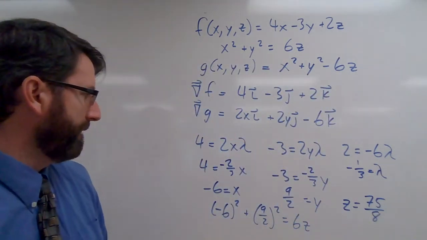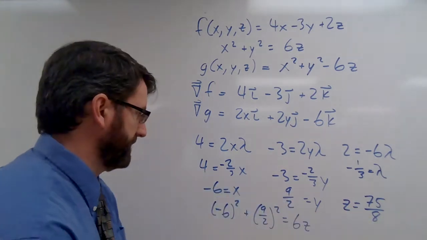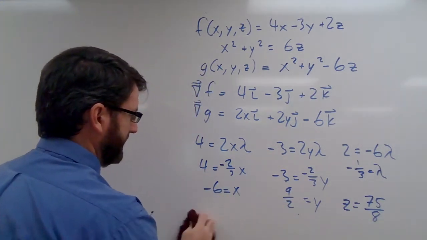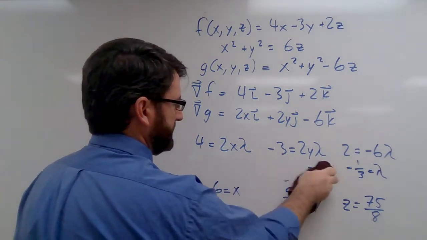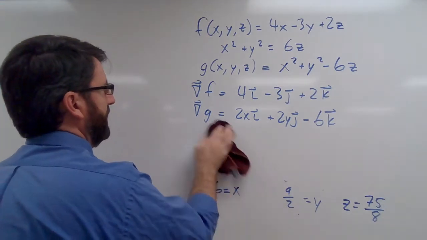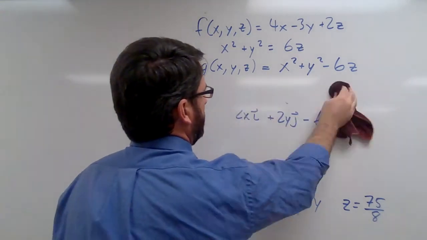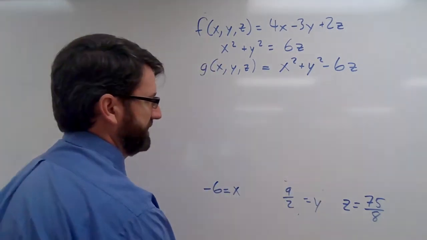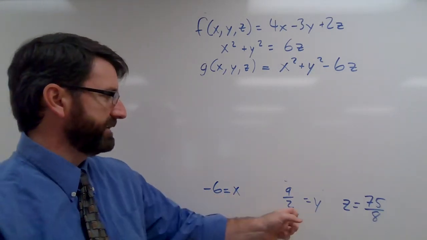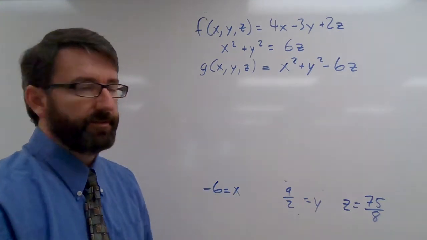Okay, so there's our three values. And so let's erase everything else. Give myself some room here to now figure out what the value of our function f is at this point, the point negative 6, 9/2, 75/8.